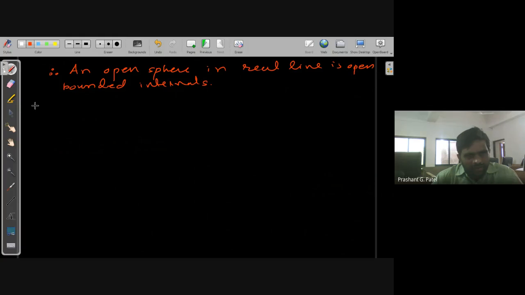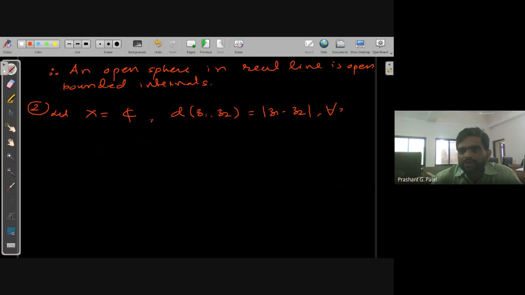Let's have another example, the second example. Let us consider X equal to C, the set of all complex numbers, with the usual metric. Usual metric means I will take z1 and z2 such that |z1 minus z2| is the distance, for every z1, z2 belonging to the set C of all complex numbers.